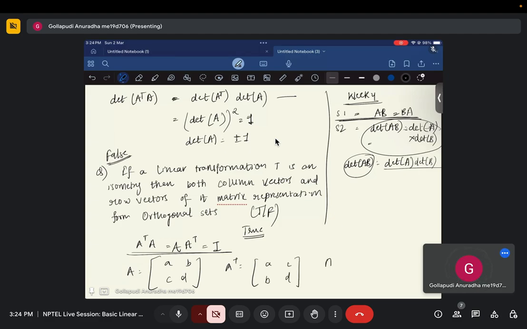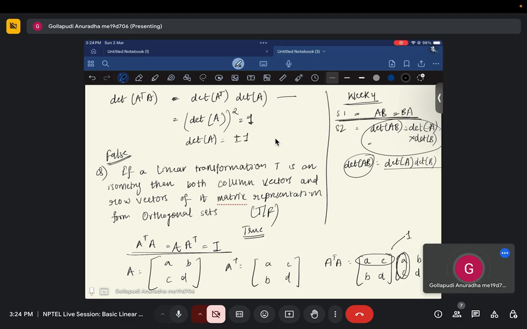Then A transpose A will be this multiplied with this, and that will be equal to the identity.